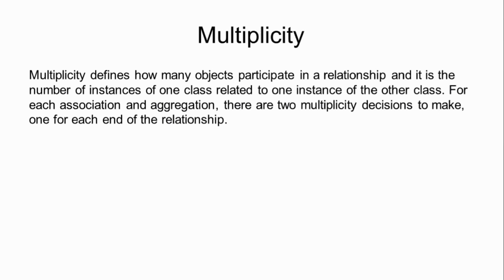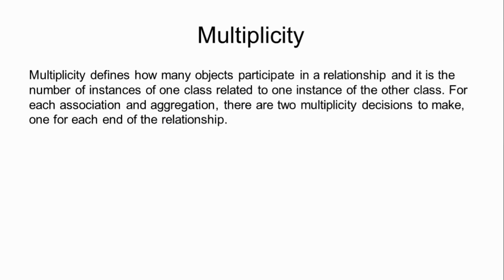Multiplicity defines how many objects participate in a relationship, and it is the number of instances of one class related to one instance of the other class.